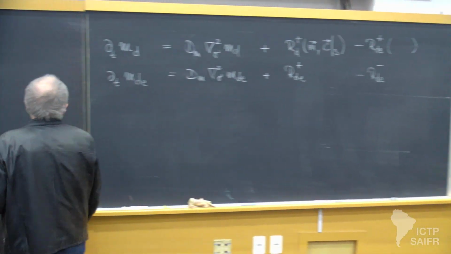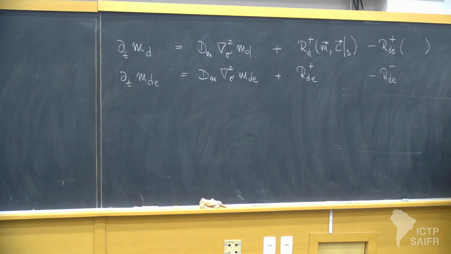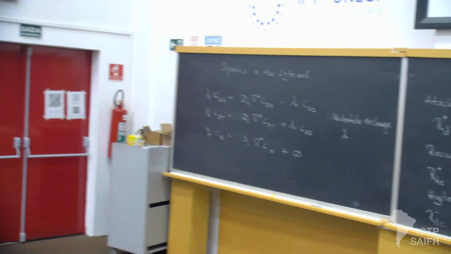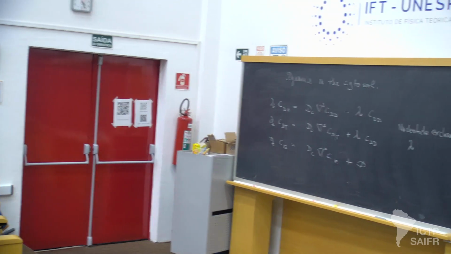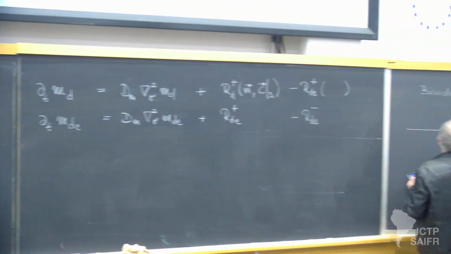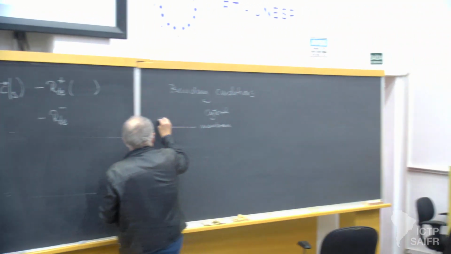Now, the last thing we want are the boundary conditions. And the boundary conditions you should visualize like so. You have a membrane, you have the cytosol, and there are currents.